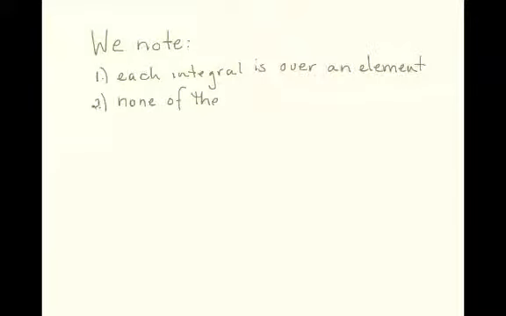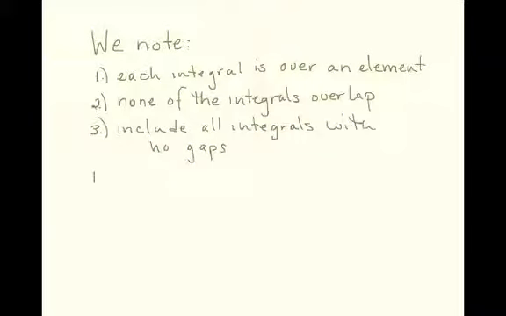And 3, each one of them is one after another. You include all the integrals with no gaps. So number 2 here is our non-overlapping requirement. Number 3 is our contiguous requirement.